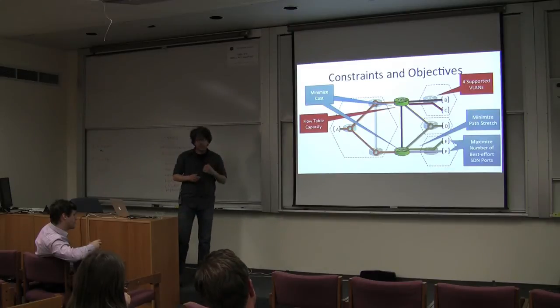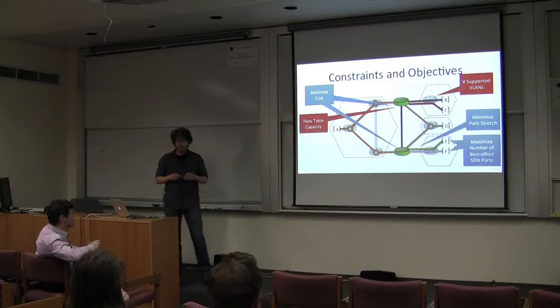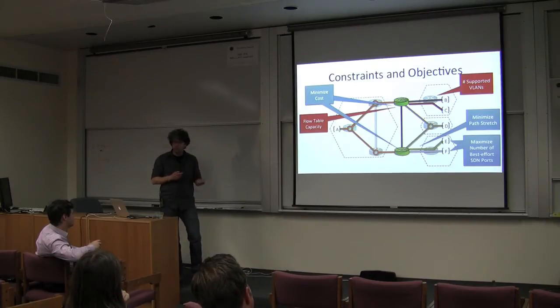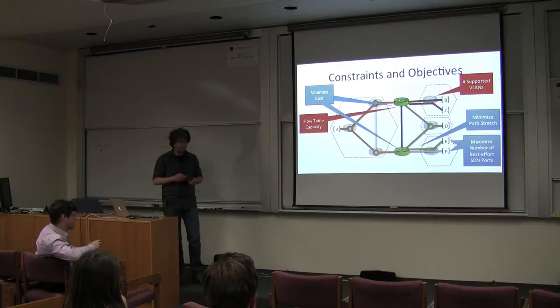Now you'll recall that the admin would come to the network designer with a list of endpoints that are to be controlled through the SDN interface, as well as a set of endpoints that might be considered best effort, in the sense that we want to control these endpoints through the SDN programming interface if there's sufficient capacity in the network to do so.